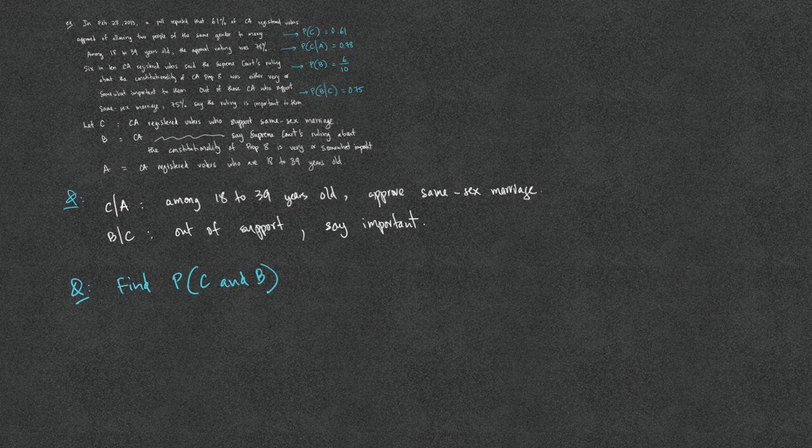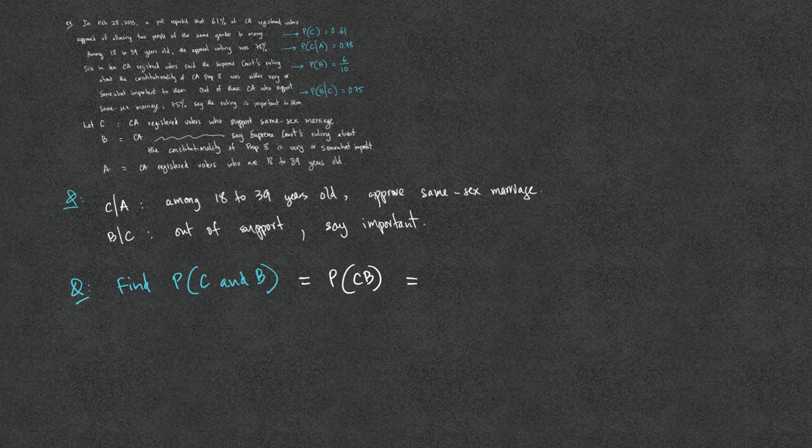Find the probability of C and B, or the probability of those who support same-sex marriage and those who say that the ruling is very or somewhat important to them. There is an advantage of writing the word problems in symbolic form. In this case, we're looking for the probability of C and B, or simply put, the probability of CB.